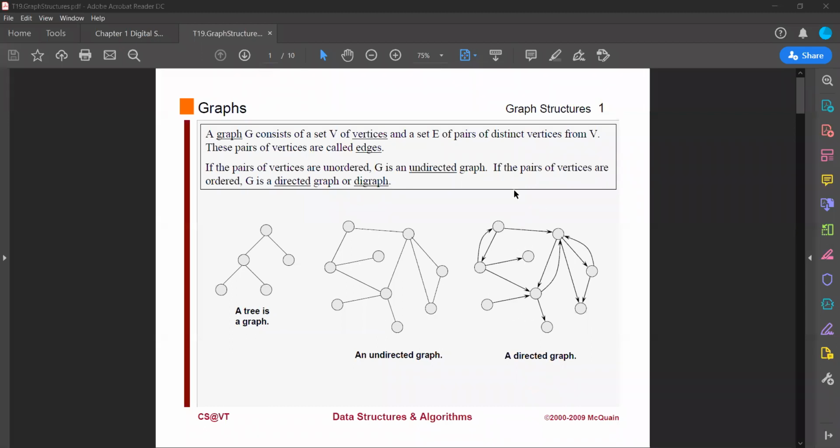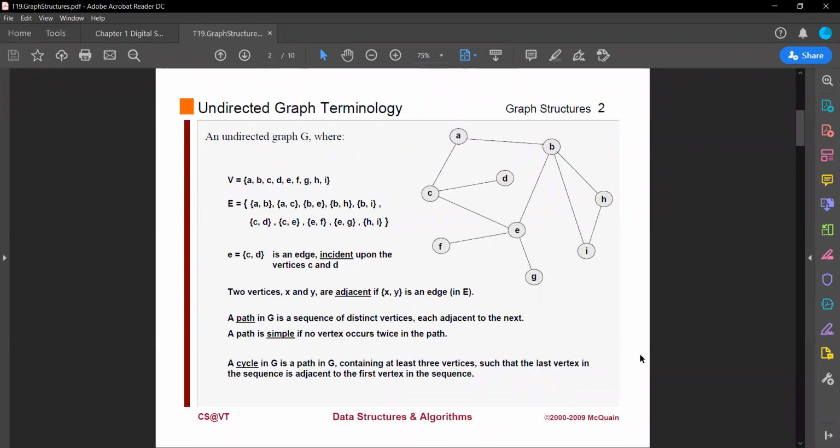That's why this is a tree, because there is no closed path. And since there are a lot of closed paths in this undirected graph and in this directed graph, this is known as a graph.